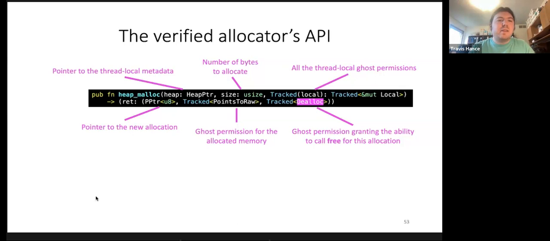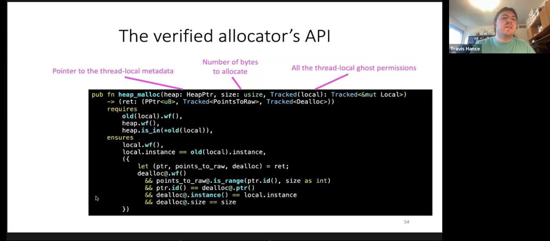And this is the precondition and postcondition. Obviously, I'm not going to ask you to read every line on here. Really, the most important one is this one, which says that the points to raw object that gets returned is, in fact, correctly a permission for the memory range that's expected.